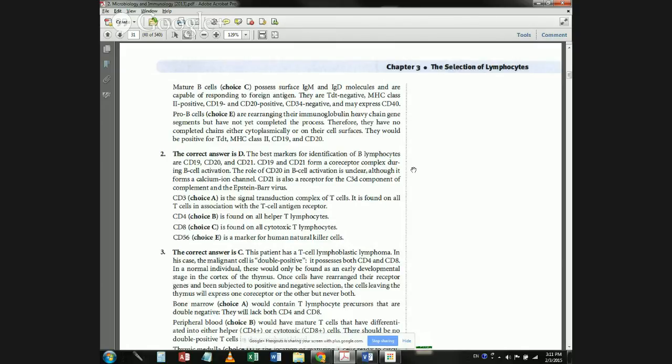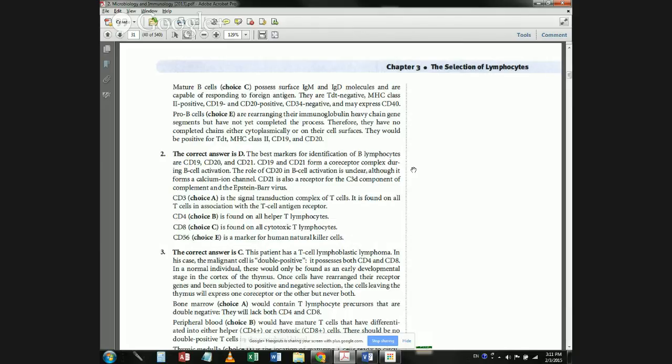New information. So CD19 and 21 form a co-receptor. When they're activated, they form a co-receptor together. CD20 is a calcium channel, a basic ion channel.